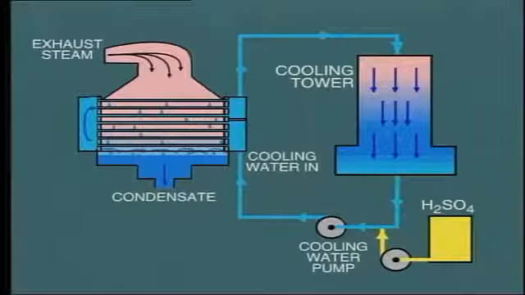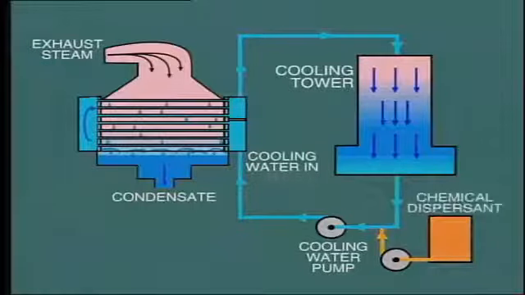The objective is to lower the pH slightly to about 6.5 in an attempt to prevent scale forming inside the tubes. Another chemical used on closed-cycle systems acts as a dispersant with the aim of keeping solids in suspension and preventing deposits from forming on the inside tube surface.